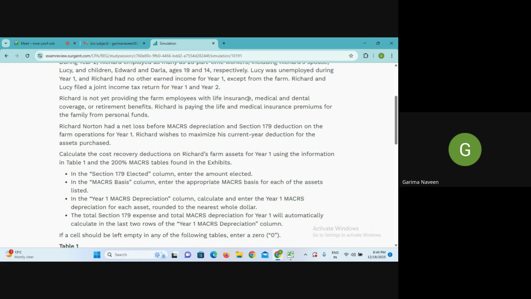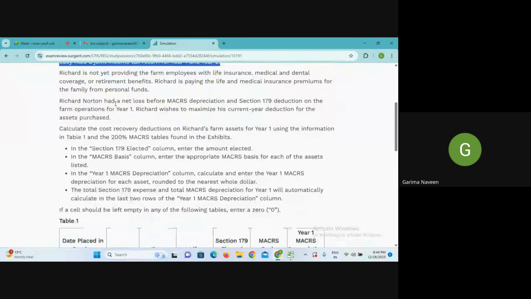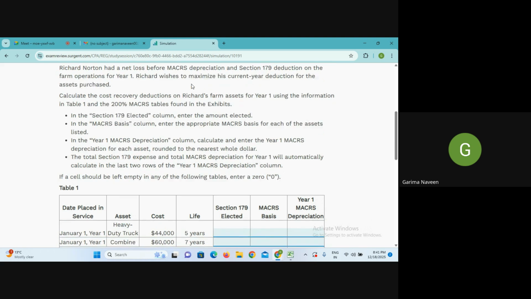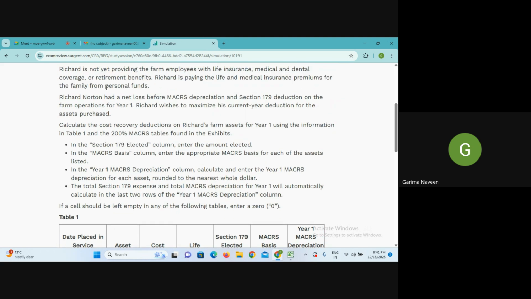So this is basically not related to the questions. Lucy was unemployed during year 1 and had no other income except from the farm. Richard and Lucy file a joint income tax return for year 1 and year 2. Richard is not yet providing the farm employees with life insurance, medical, dental coverage, or retirement benefits. Richard is paying the life and medical insurance premiums for the family from personal funds.